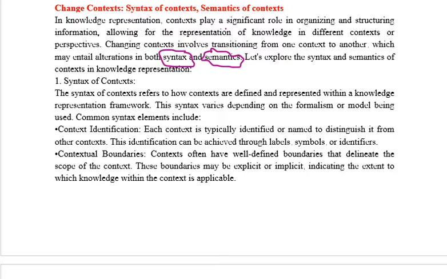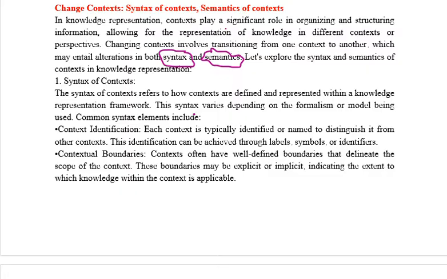So different models will have different syntax. Syntax will not be the same for all the models; it will vary from model to model. Mainly we'll be using the syntax of the context to refer to the context definition and to represent the knowledge. So now these two things we will be doing with the syntax.